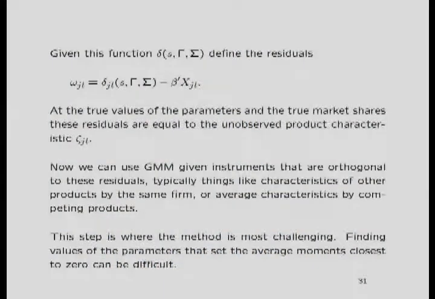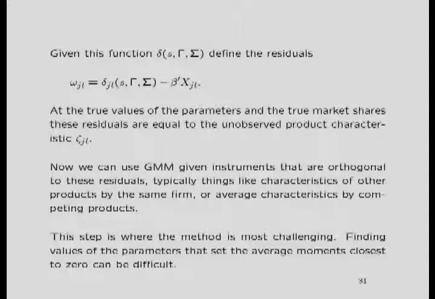Then the last part, and that's really the part that's the most difficult. Now, this is all for particular values of gamma and sigma, but we're actually trying to figure out what these values are. What we said so far is that irrespective of the values of gamma and sigma, you can figure out a set of deltas that fits the market shares.